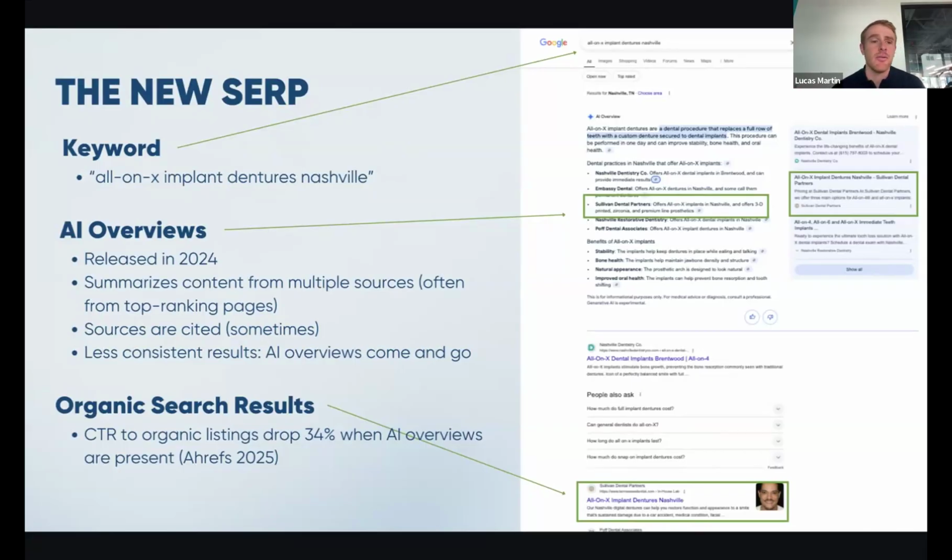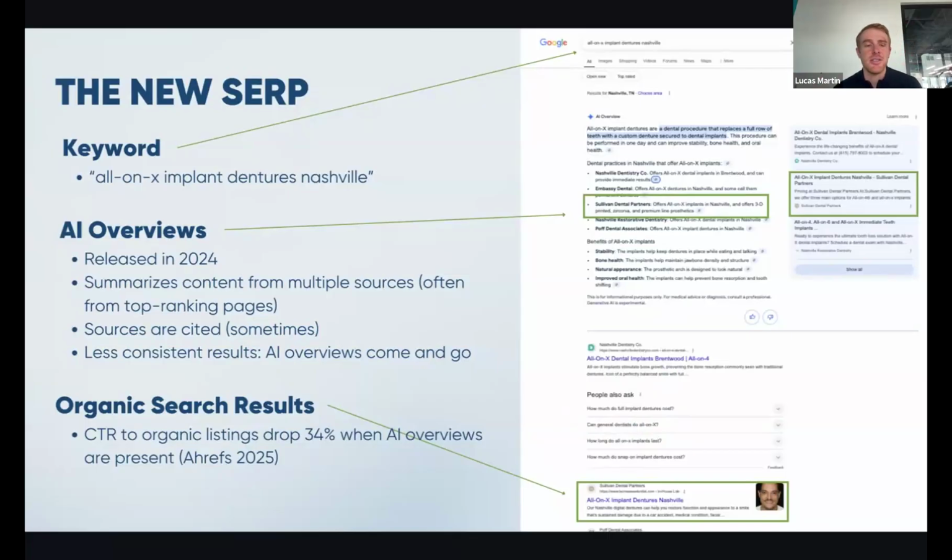And even if things are cited within the AI overview, sometimes the link is there, sometimes it's not. So definitely something to be aware of. It's not very consistent. A lot of the information we see too is, you have the search, you have the AI overview, and then all the way down below, below the people also ask and whatnot, you have the organic traditional listings.